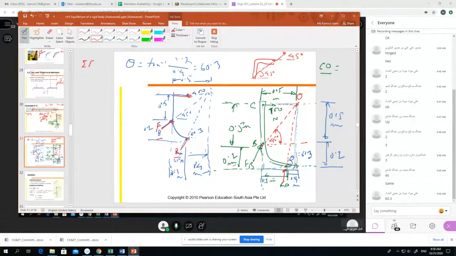So let's apply summation of Fx equal to 0, with the right-hand side positive, the horizontal forces. So what force will come? 400 is a horizontal force. Plus or minus?